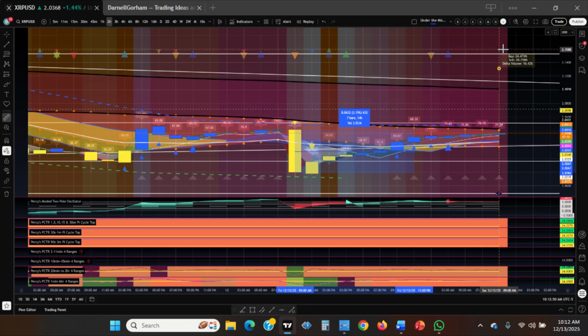So we can sit here over the next course of the time frame. The next candle prints at about 11 o'clock a.m., about 48 minutes. You can watch this numerical value go up or down. You can watch the 2-pole oscillator letting you know that money is probably slightly pouring out of the asset.